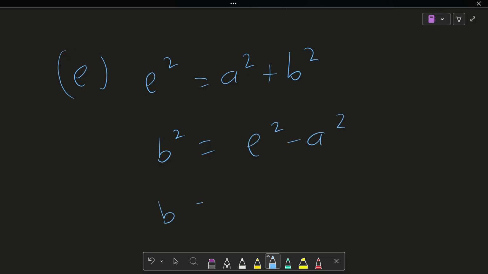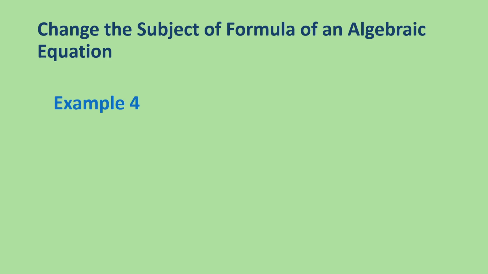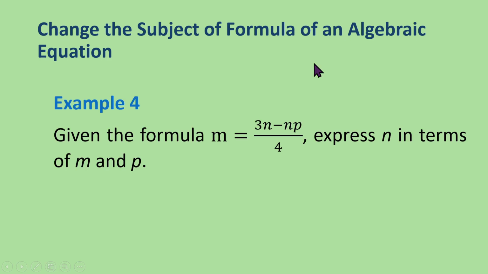So b equals to square root of e square minus a square. Okay. So given the formula m equals to 3n minus np over 4, express n in terms of m and p.